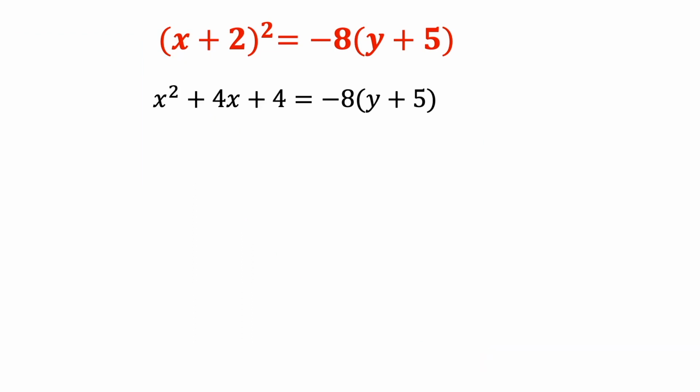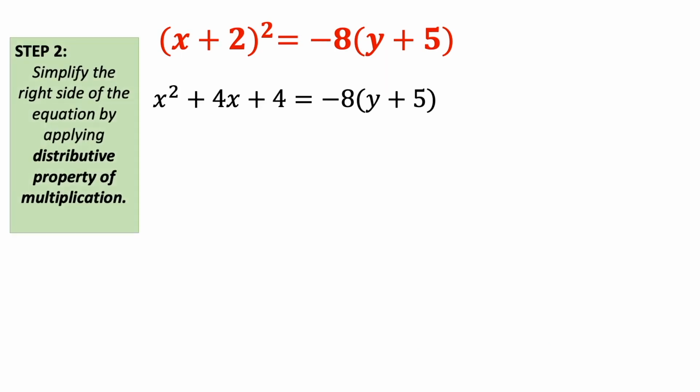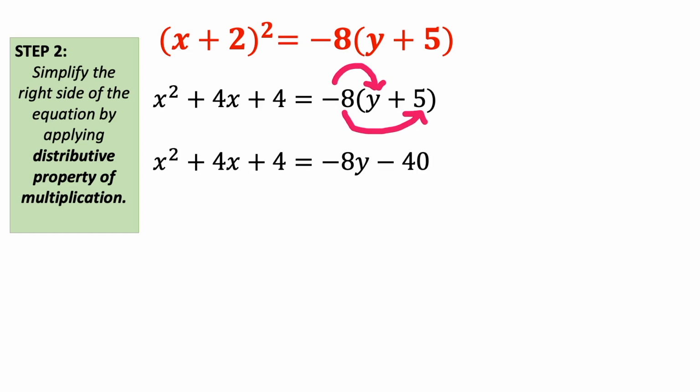The second thing we will do is to apply the distributive property of multiplication to the right side of our equation. Negative 8 multiplied by y is negative 8y. Negative 8 multiplied by 5 is negative 40.